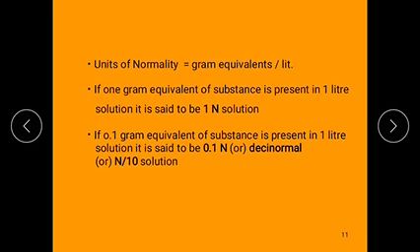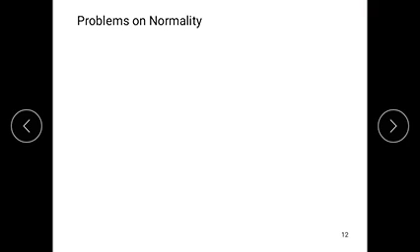If 0.1 gram equivalent of solute is present in 1 liter of solution, it is said to be 0.1N, or decinormal solution, or N by 10 solution. If 0.01 gram equivalent of solute is present in 1 liter of solution, it is said to be a 0.01N solution, or centinormal solution, or N by 100 solution.